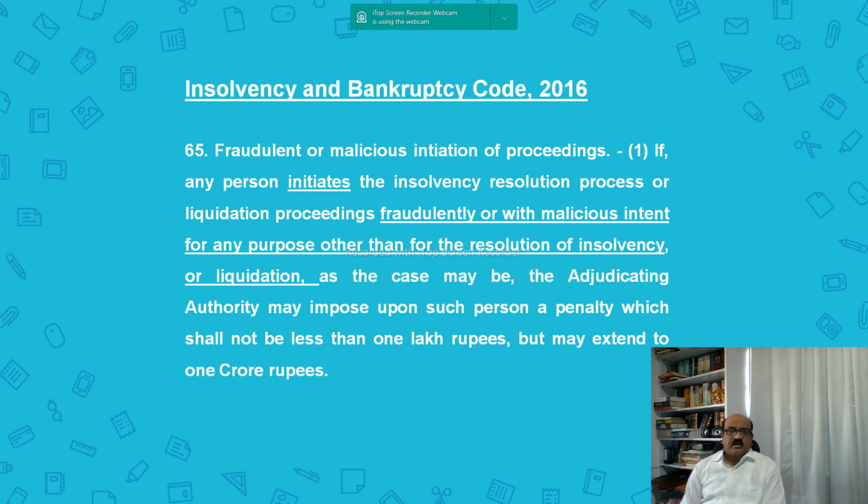Subsection 1: if any person initiates the insolvency resolution process or liquidation proceedings fraudulently or with malicious intent for any purpose other than for the resolution of insolvency or liquidation, as the case may be, the adjudicating authority may impose upon such person a penalty which shall not be less than 1 lakh rupees but may extend to 1 crore rupees. Now we'll go to subsection 2.